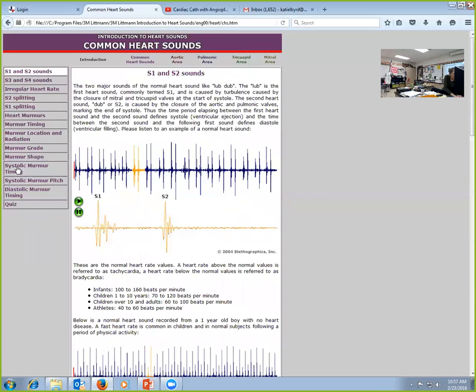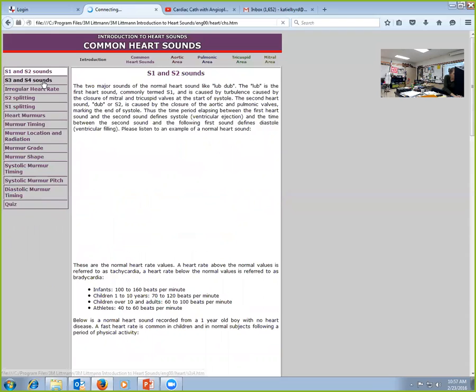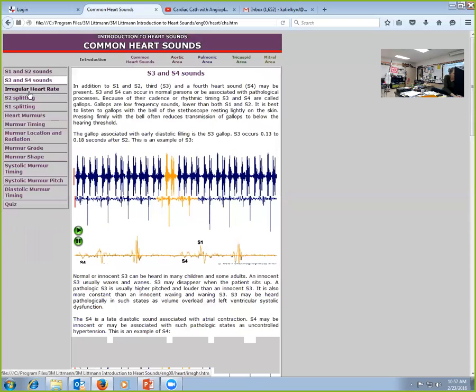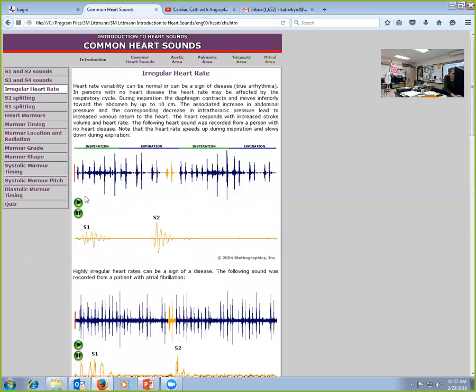Where is it? Here's abnormal heart rate. So this one's pretty common. You'll hear this sometimes. This can be a normal finding. So notice how the heart rate speeds way up when they breathe in, but it slows down when they breathe out.